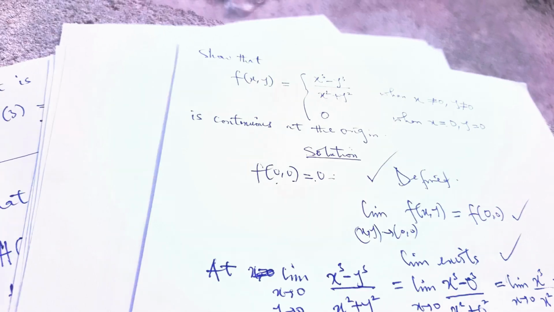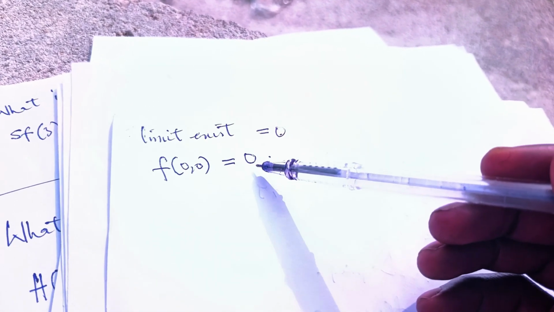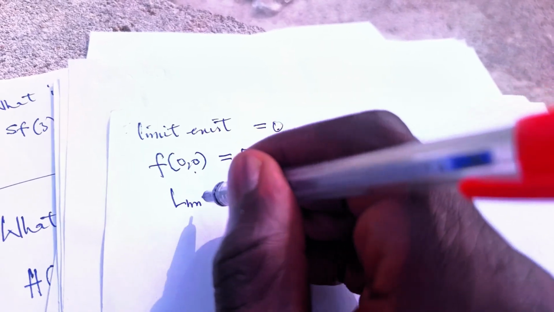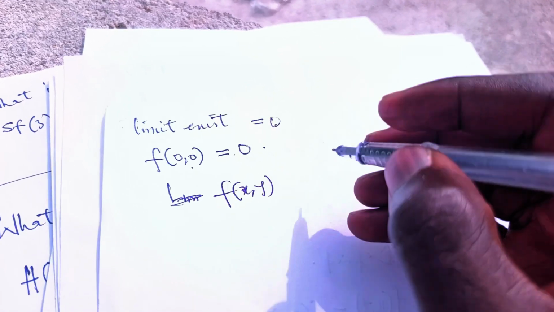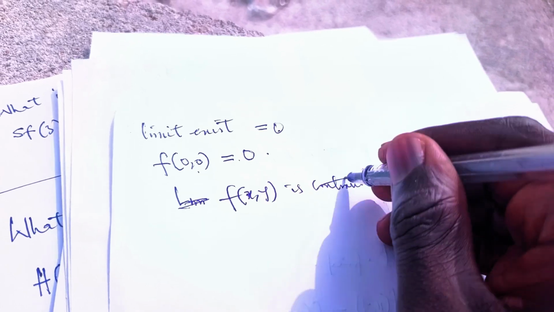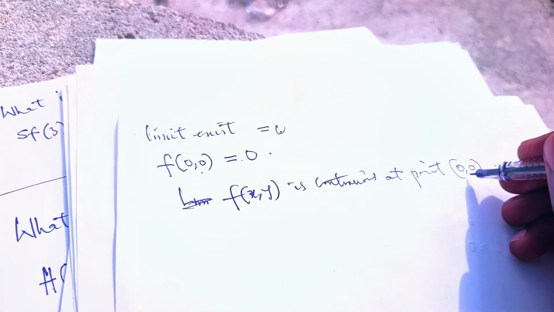Then the limit is 0 and the function at the point is 0. They are equal. That means the function f(x, y) is continuous at the point (0, 0).